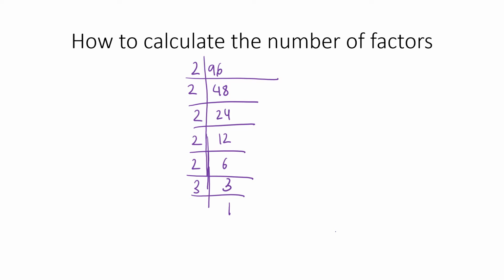Now we're going to write this in the form of powers. I have 5 2's, so I'm going to write 2 to the power 5. And I only have 1 3, so I'll write times 3 to the power 1.